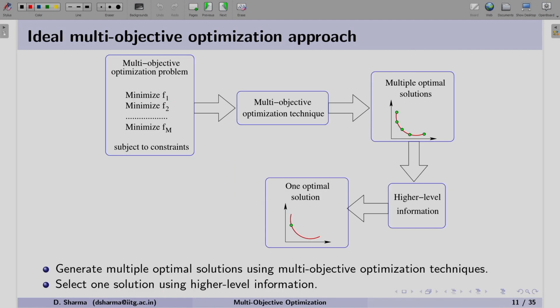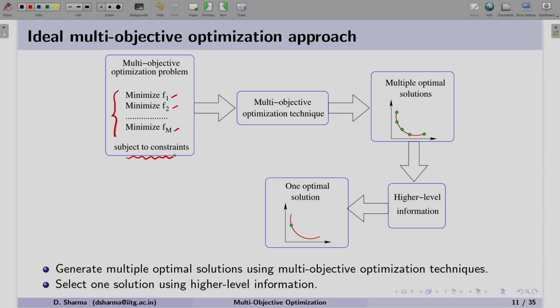Now, let us see what the ideal multi-objective optimization approach could be. If we see here, we have the same problem and the same set of objectives as f1, f2 up to fM. This particular problem is subjected to the same set of constraints.